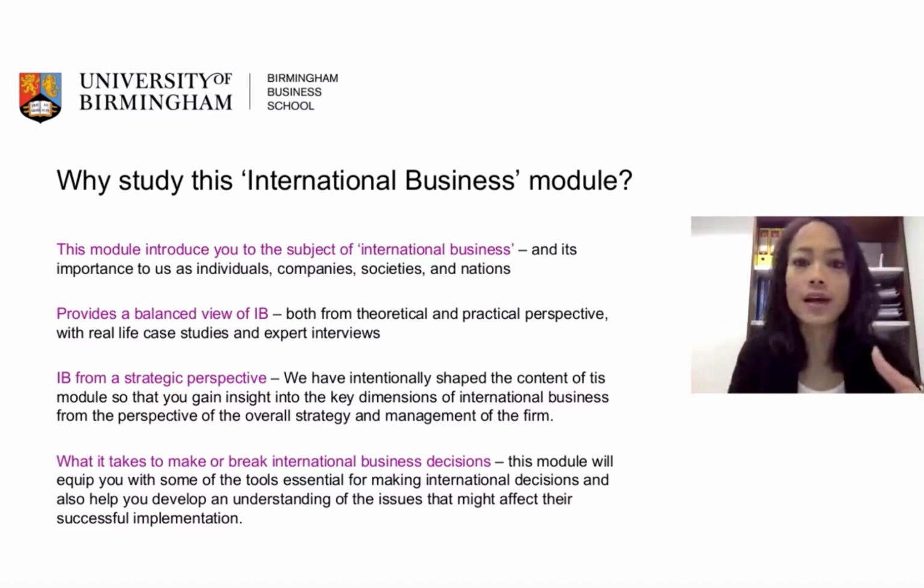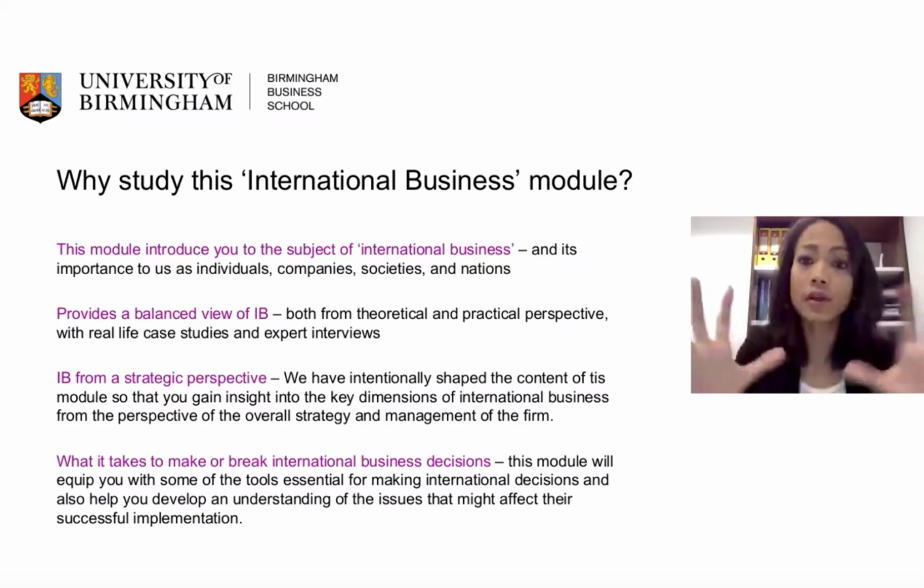And we have a group of expert tutors to help you understand the issue better. So, in thinking about international business issues, we put a firm at the center of the global business landscape. Therefore, we want to see how this affects the activity and the management of the firm in the global context.